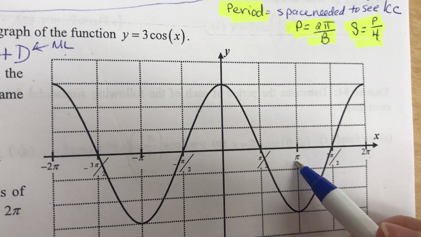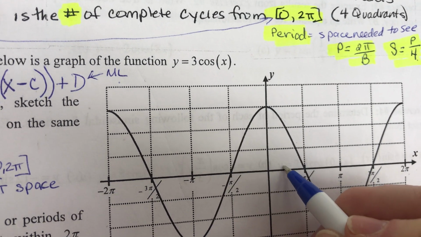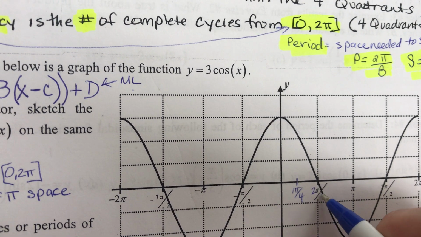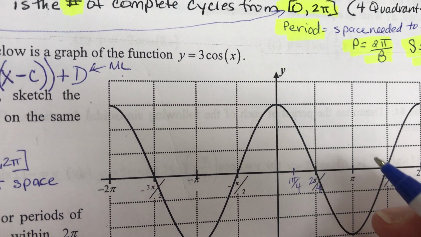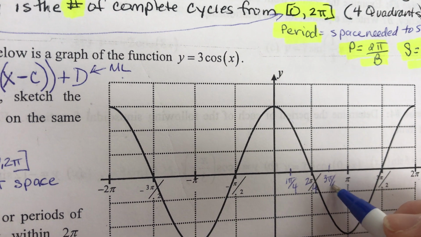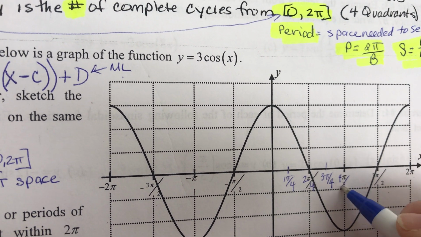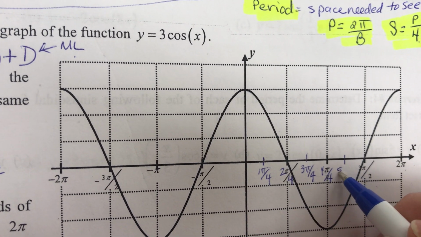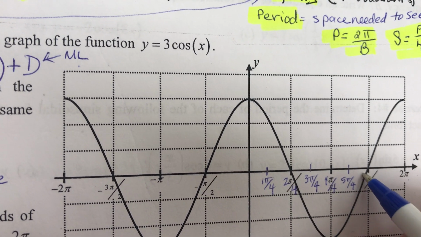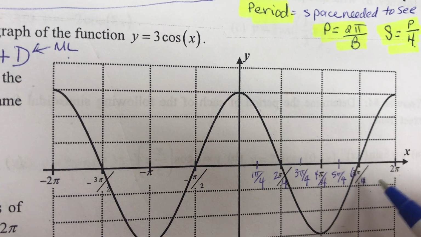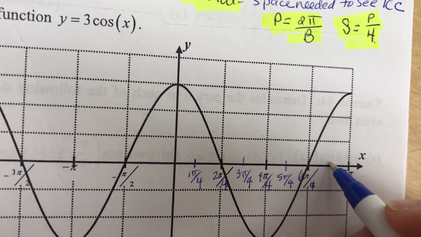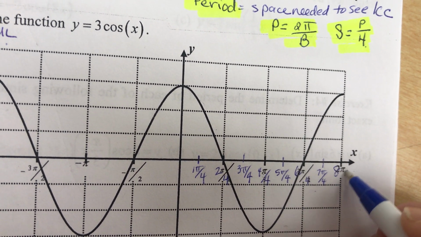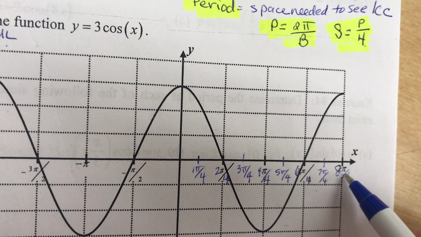So to get to pi, I need to start counting. 1 pi over 4, 2 pi over 4, which is pi over 2, 3 pi over 4, and 4 pi over 4, which is pi. Keep going. 5 pi over 4, 6 pi over 4, which is 3 pi over 2, 7 pi over 4, then 8 pi over 4, which is 2 pi.